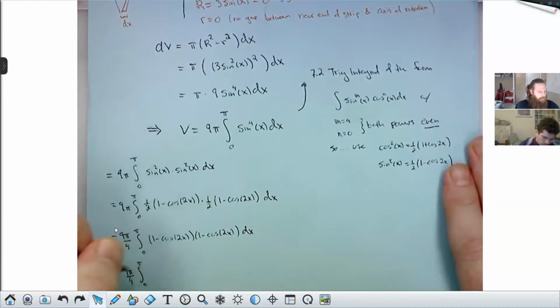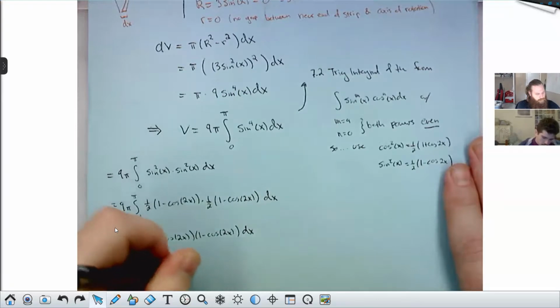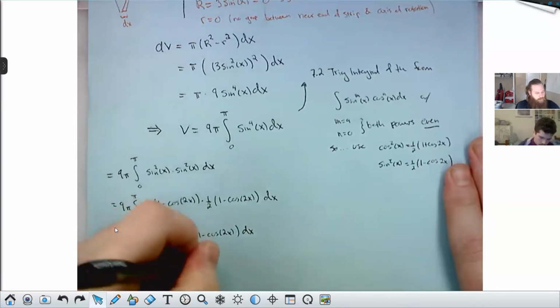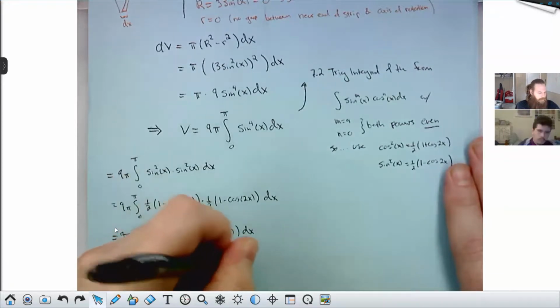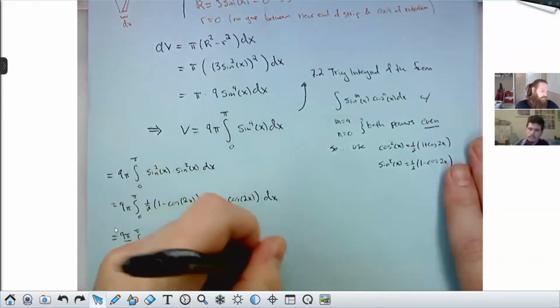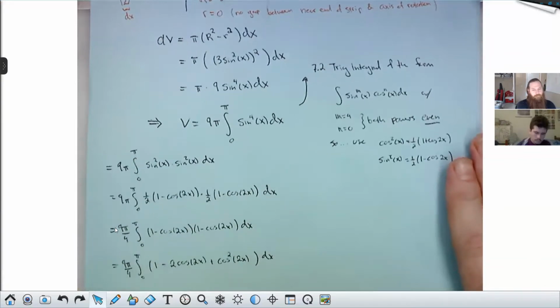So that's 9 pi over 4 integral 0 to pi of 1 minus 2 cosine 2x plus cosine squared of 2x dx.